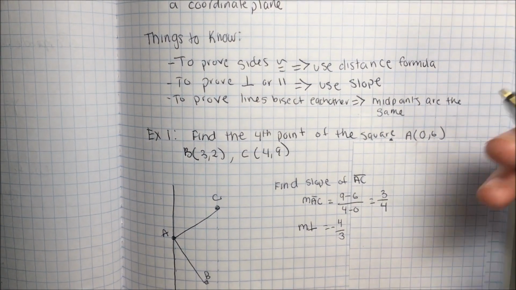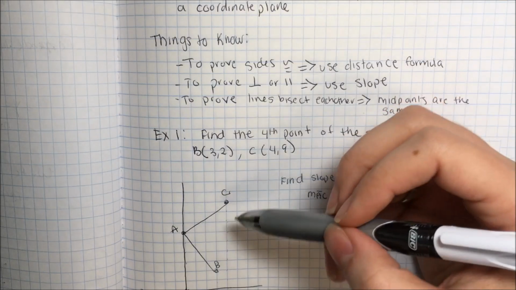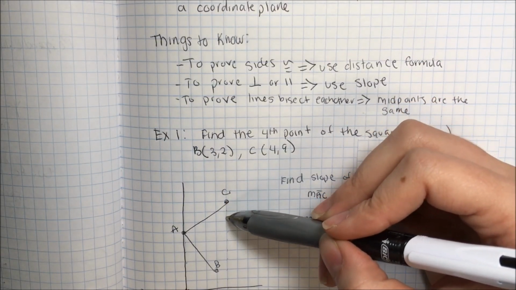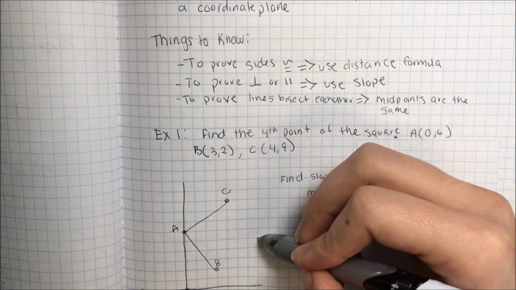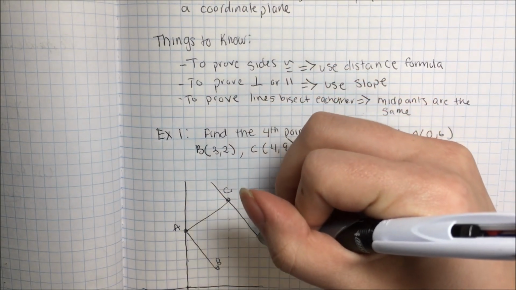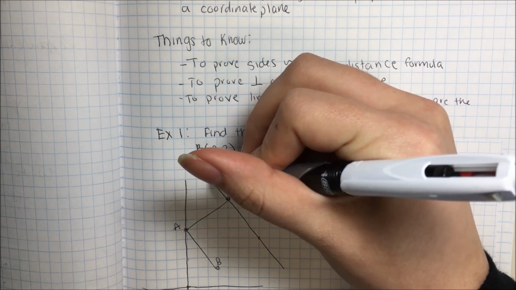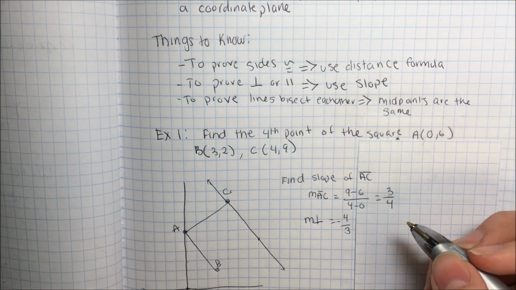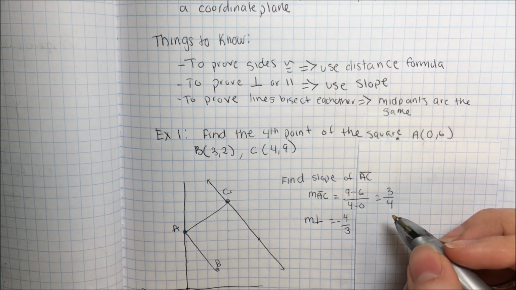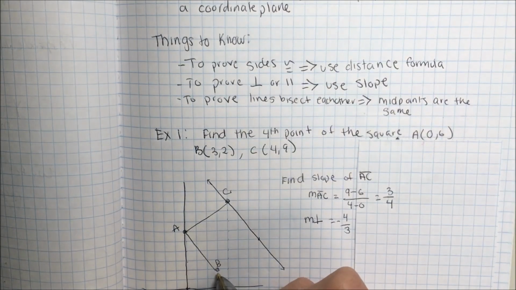So we're going to apply our perpendicular slope at point C. So we're going down 4 and to the right 3. And we'll draw a perpendicular line. Now, at point B, we're going to apply our parallel slope of AC, which is 3/4.